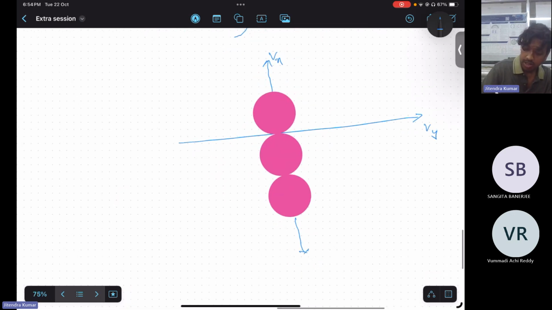We are given Vx is equal to Vm sine 314t. We need to find the equation of Vy.